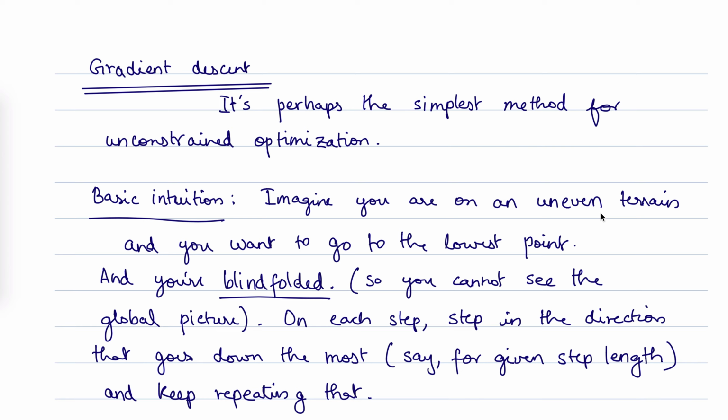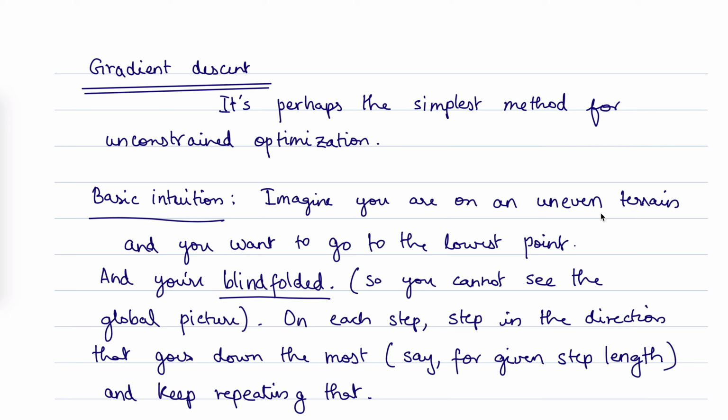I ask you to close your eyes, or assume that you're blindfolded, because these kinds of optimization methods cannot see the whole landscape, cannot see the whole function, the whole surface plot of the function, right? Similarly, if you're in this landscape and you're blindfolded, you cannot really see where the mountain top is or where the bottom of the valley is. And that's the situation that these optimization methods find themselves in.